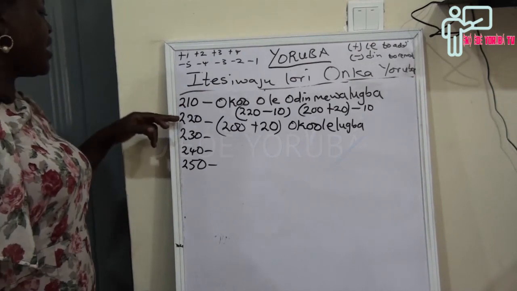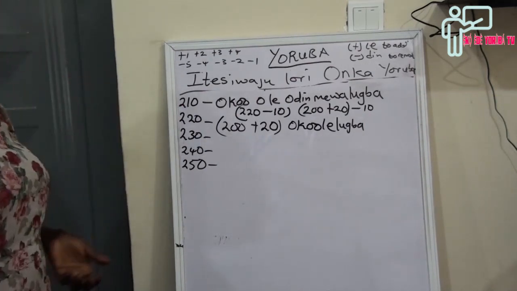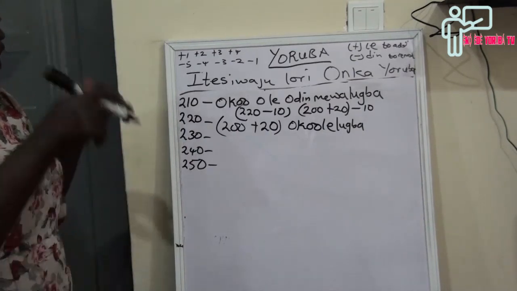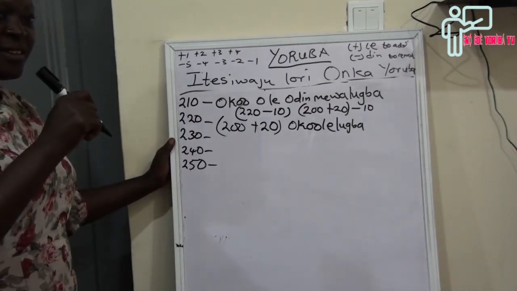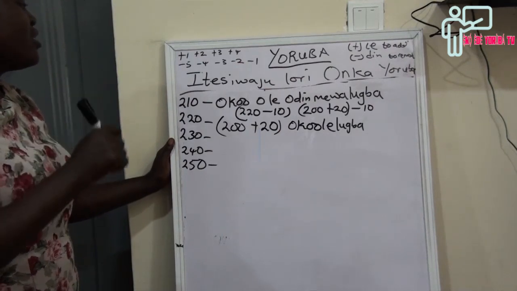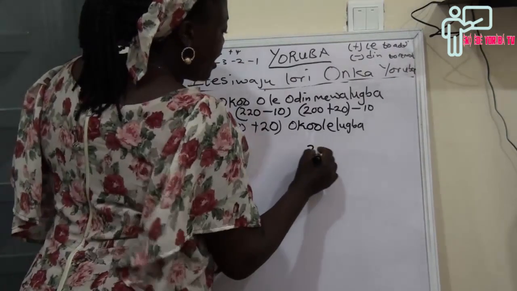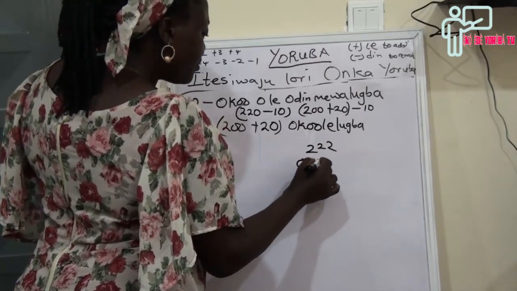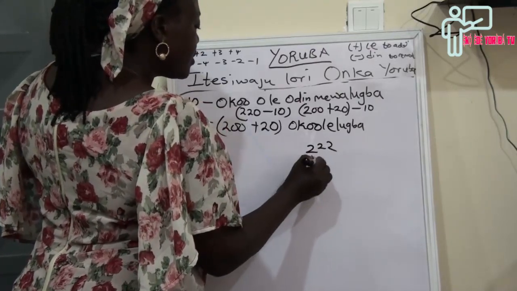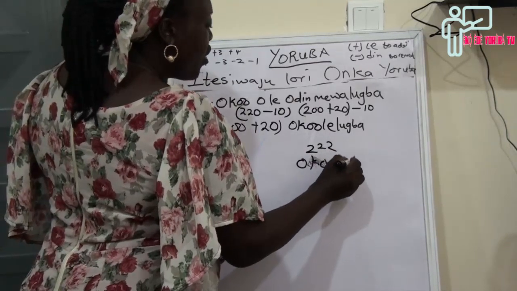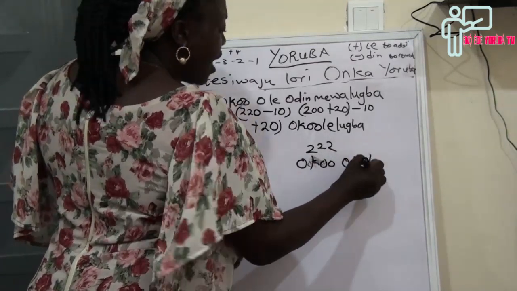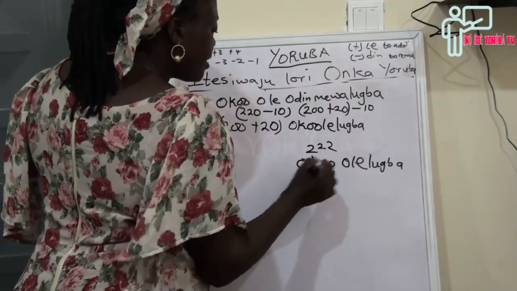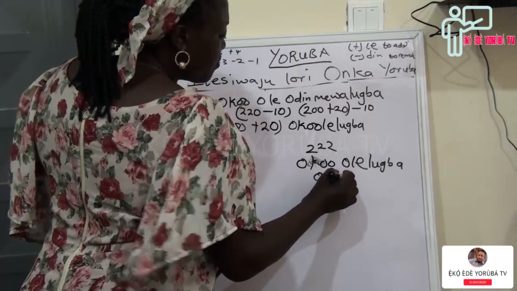So if I want to say 222 now, that is oko, ole, luba, odin, mẹ́jọ.